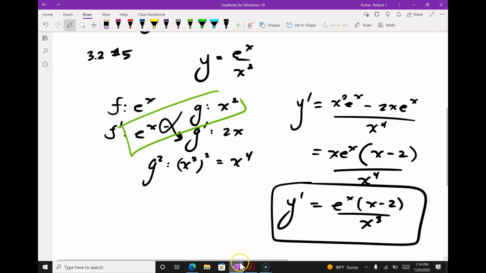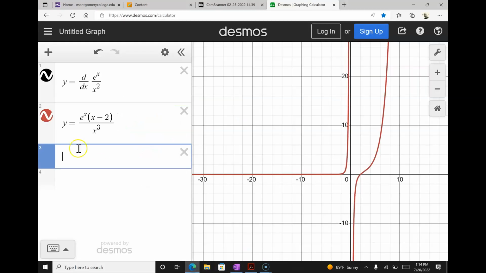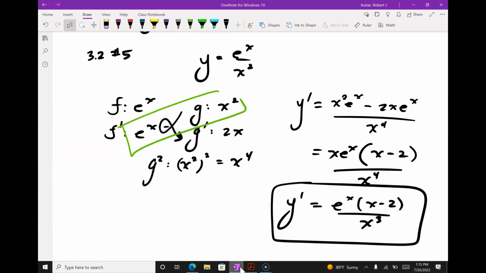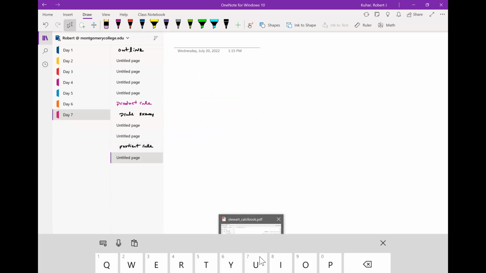Oh. But you can see that it's the exact same function. This is easy, right? It's pretty easy. Am I right or no?